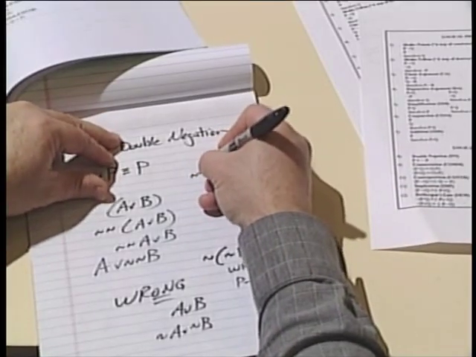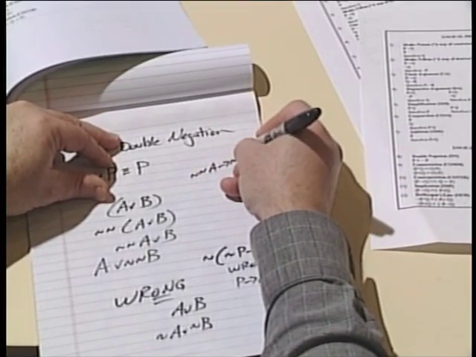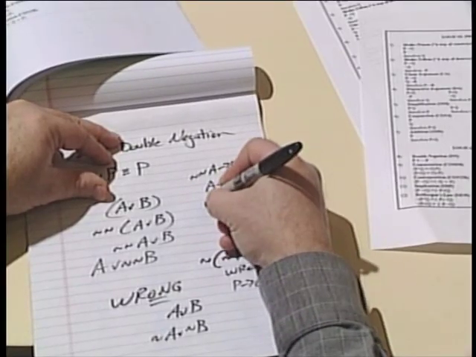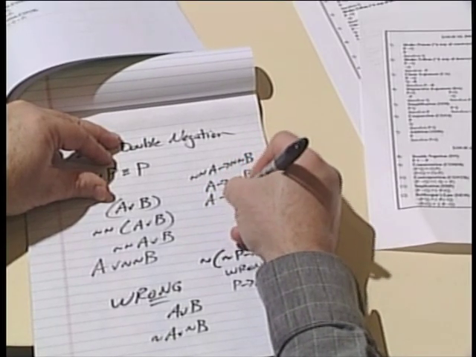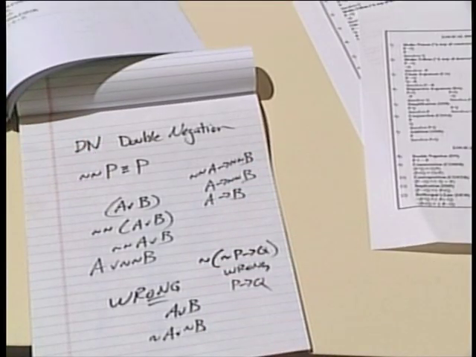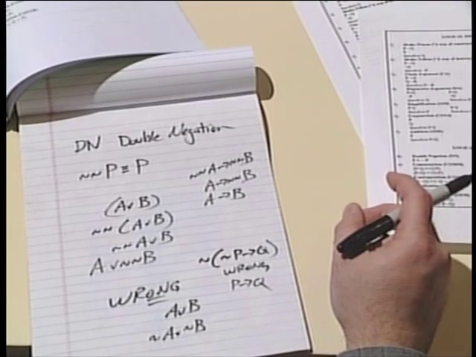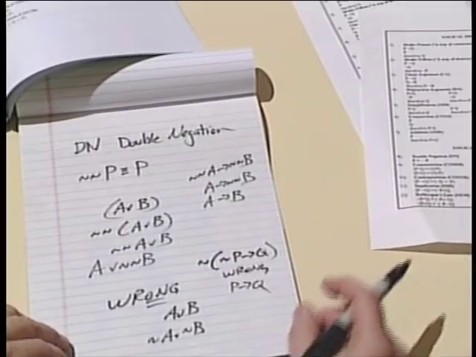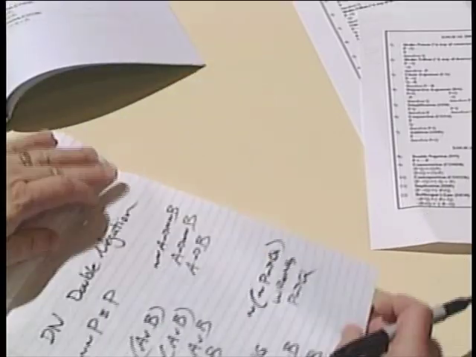So if I have not not A implies not not B, I can make that A implies not not B, and then in another step make that A implies B. I pull them away 2 at a time, or I add them 2 at a time with double negation. Now again, we could have done some double negation work in the last chapter, but it would have been meaningless. Here it's actually going to serve a purpose, and I'll get to it in a little while as to why we want to do this, other than just to clean things up. When it's just a matter of cleaning things up, it's pretty obvious what we're doing.